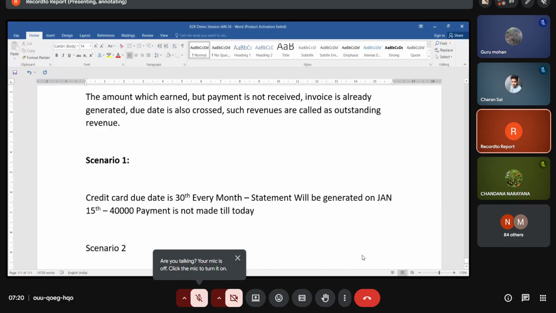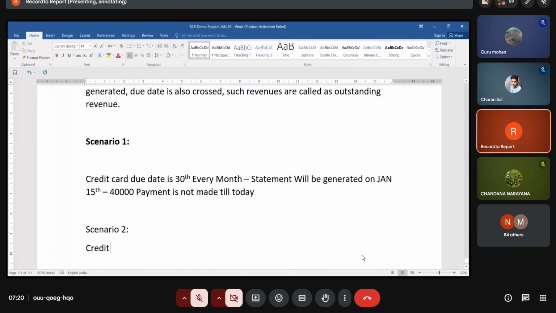Scenario two: the credit card due date is the 15th of every month.